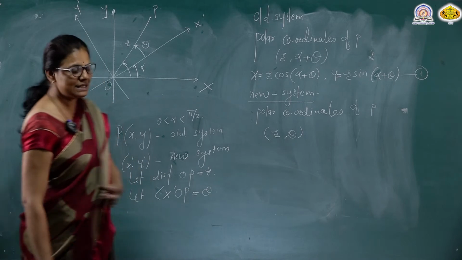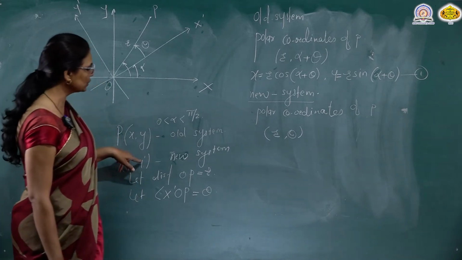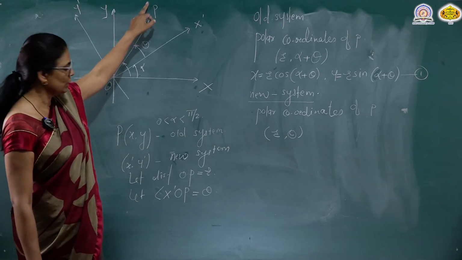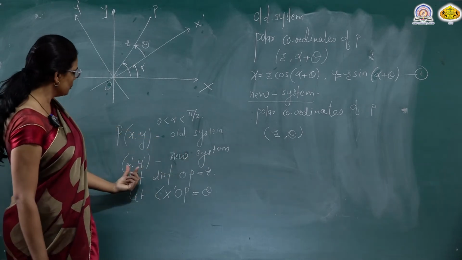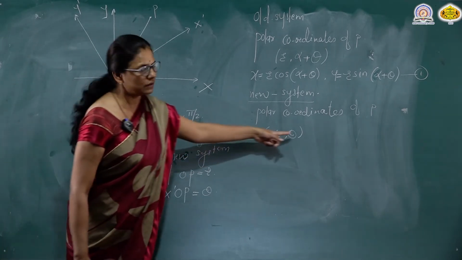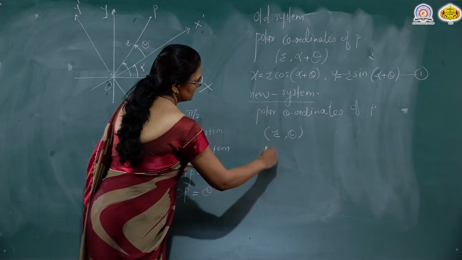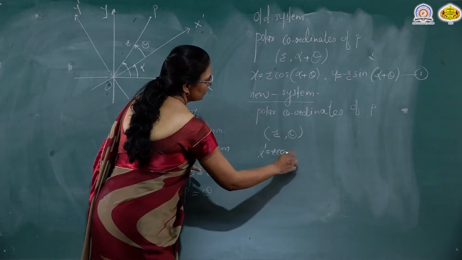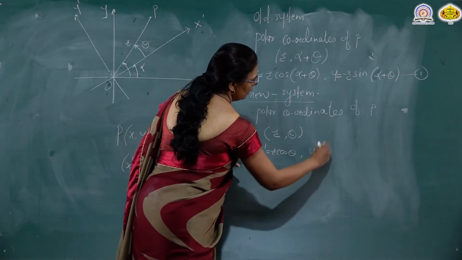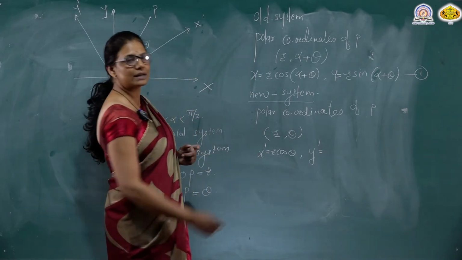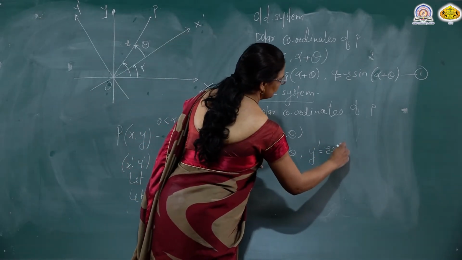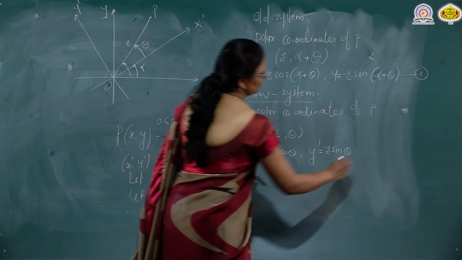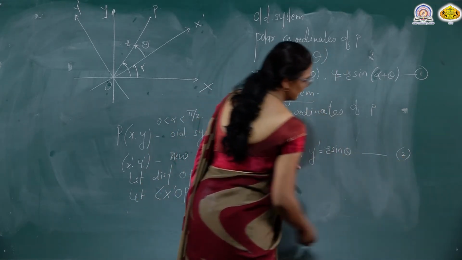So again we express x dash, y dash, the coordinates of the same point P with respect to the new system, in terms of r, theta. Here x dash equals r cos theta and y dash equals r sin theta. Let us call this equation 2.